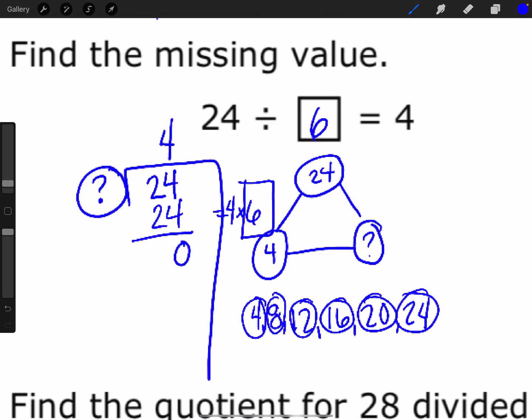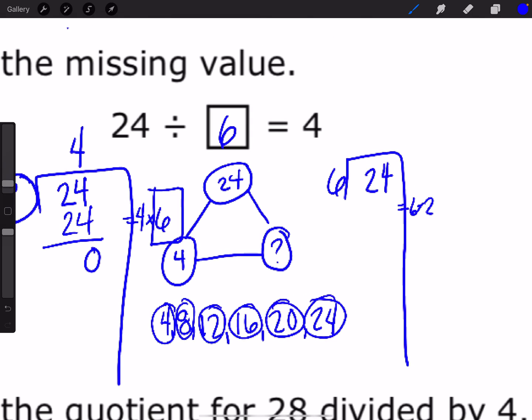So let's do 6, 24. And we know that, let's say 6 times 2. Let's write that a little bit better. 6 times 2 is 12.